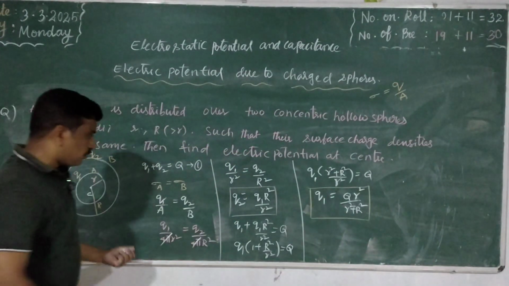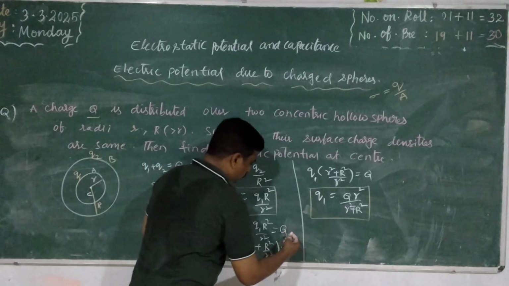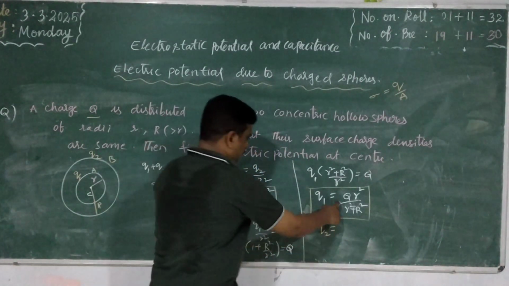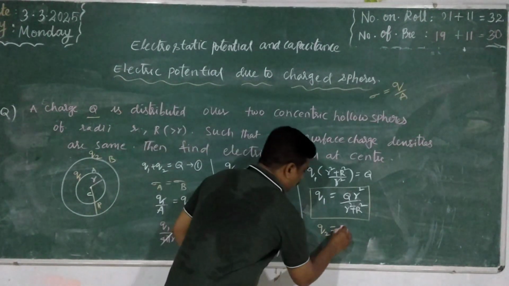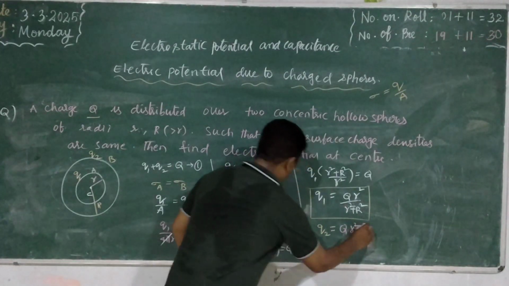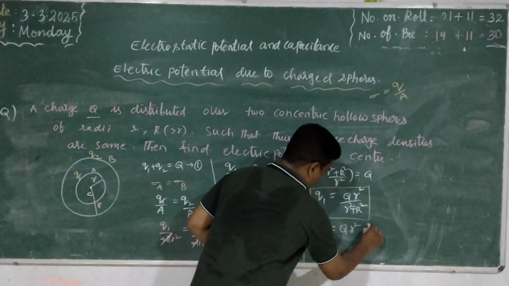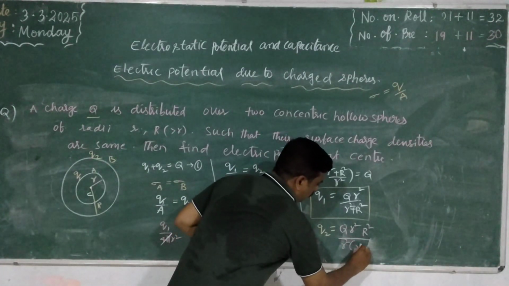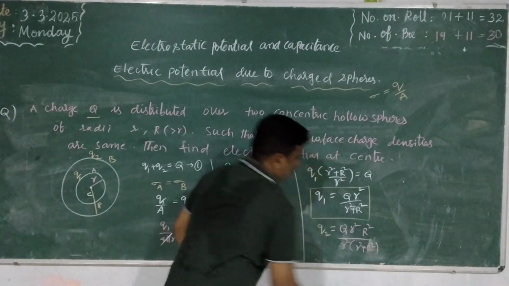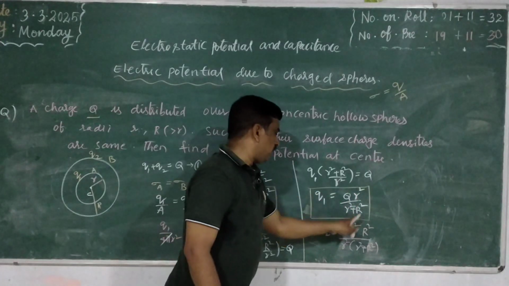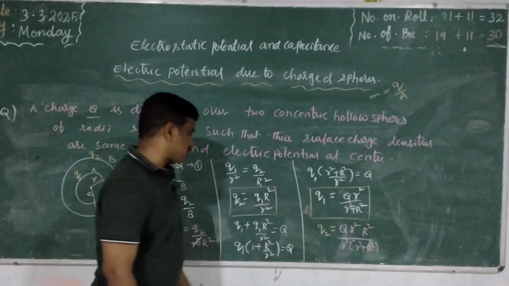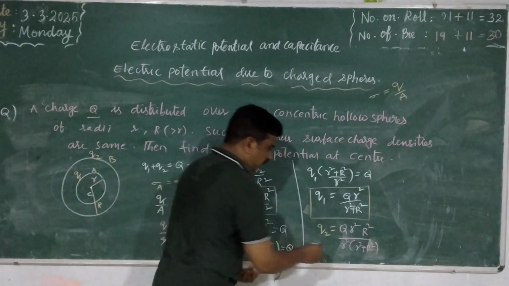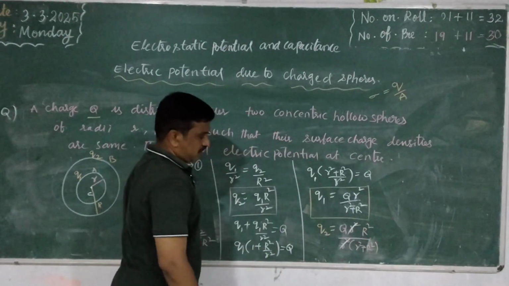Now we want Q2. Q2 equals Q1 capital R square by small r square. Q1 means this value, Q small r square by small r square plus capital R square. The small r square cancels. What do we get here?